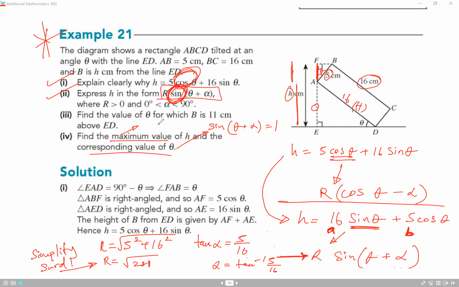So this one is just square root 281, because the sine value, sine of theta plus alpha, is equal to 1. Correct? Like what we have just mentioned here. So this is the answer. Understand?